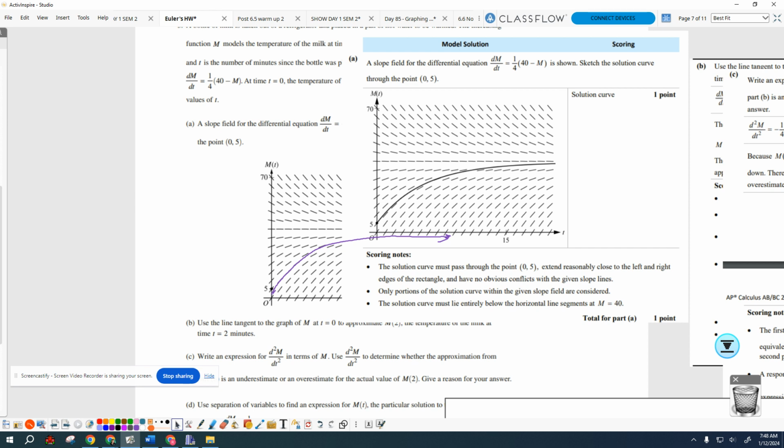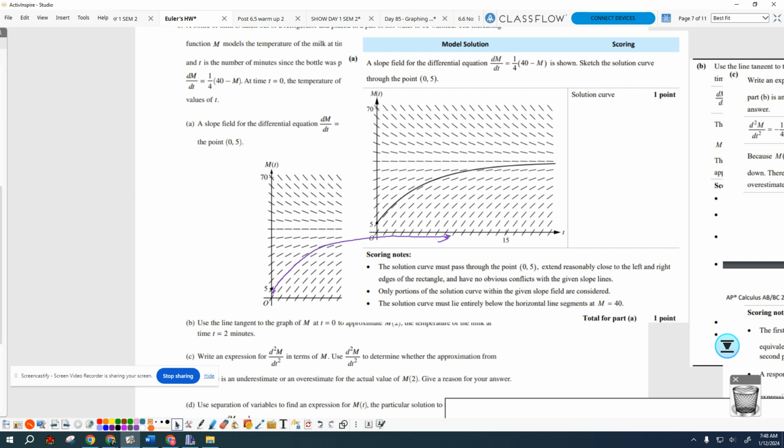Only portions of the curve within the slope field are considered. The solution must stay below, in this particular case, that horizontal line. That horizontal line represents an asymptote, and they didn't want you to cross it. The thing I drew the first time made it touch the line, and I was like, that might be bad.